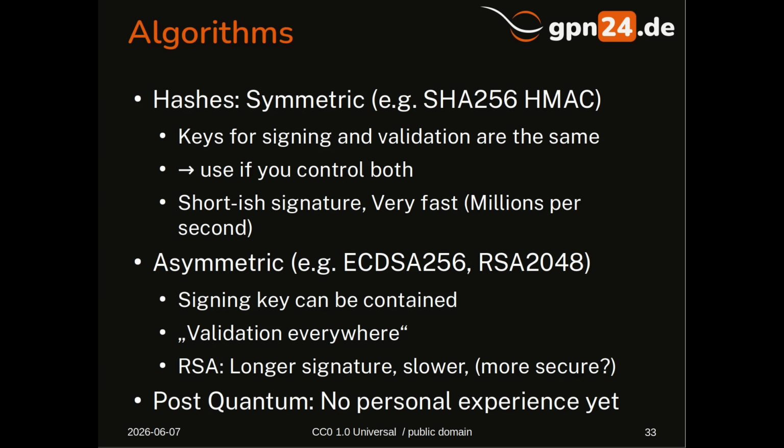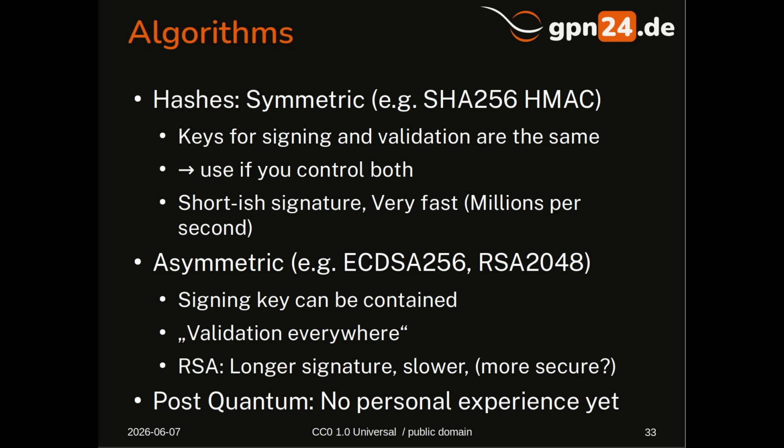And then there's the asymmetric stuff, elliptic curve cryptography, or the good old RSA, where, because they are asymmetric, the signing instance and the verifying instance are separate. The verifying instance does not need to know the secret, the private key.